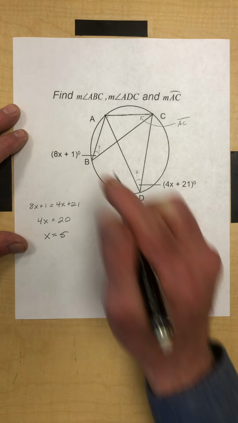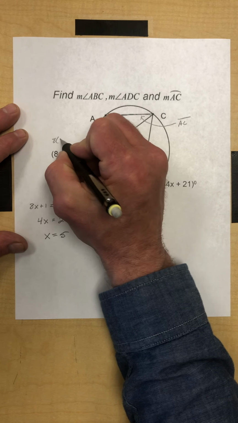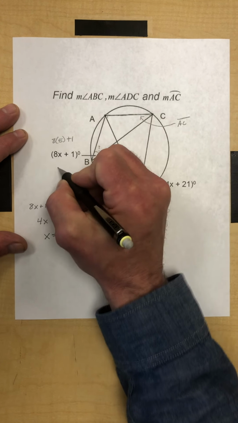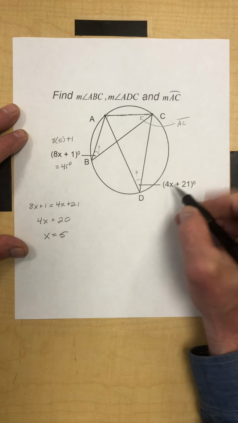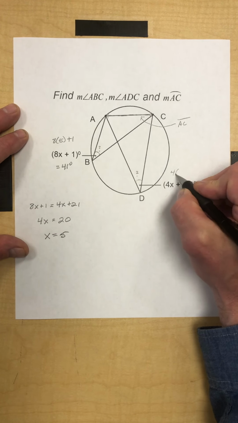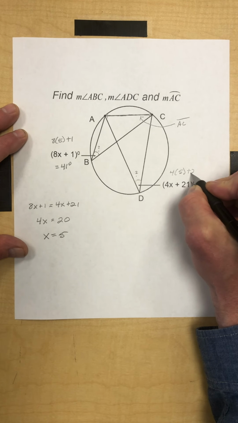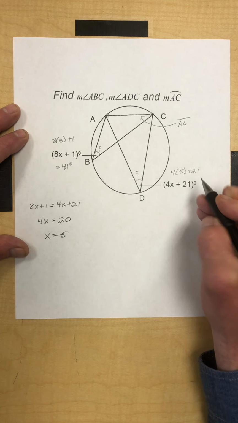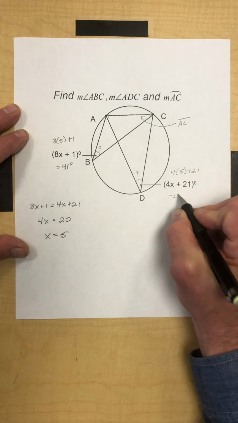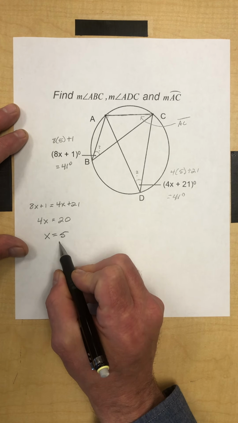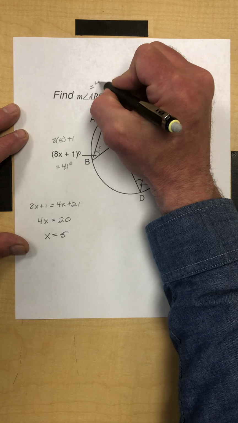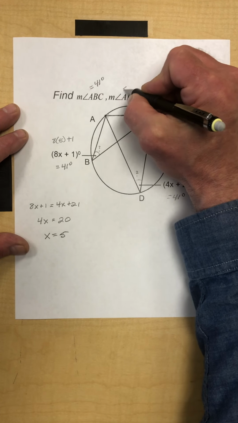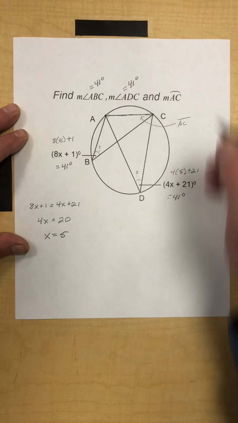Just substitute in. 8 times 5 plus 1 gives us 41 degrees. And then 4 times 5 plus 21 is 20 plus 21, so again, that's 41 degrees. So we should feel pretty good about x being 5. This angle is 41 degrees, and this one is 41 degrees.